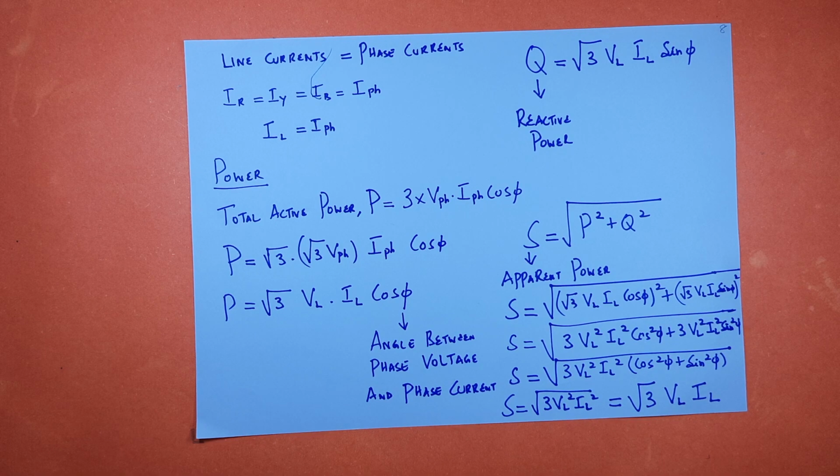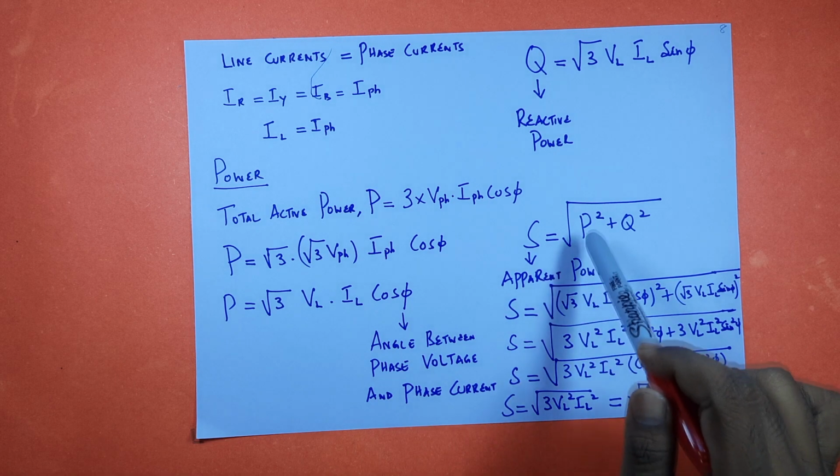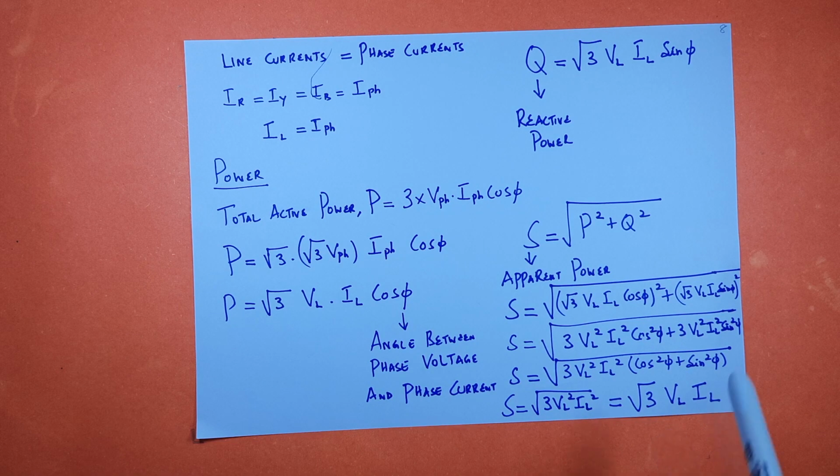Next we have S, the apparent power, which is nothing but square root of P square plus Q square. Substitute the P and Q values: root 3 VL IL cos phi the whole square plus root 3 VL IL sin phi the whole square. Squaring, S equal to square root of 3 VL square IL square cos square phi plus 3 VL square IL square sin square phi.